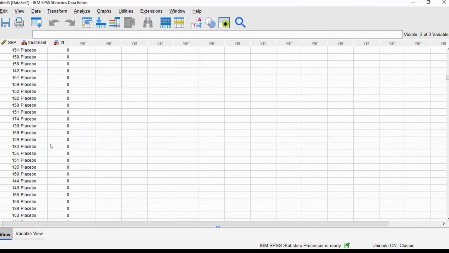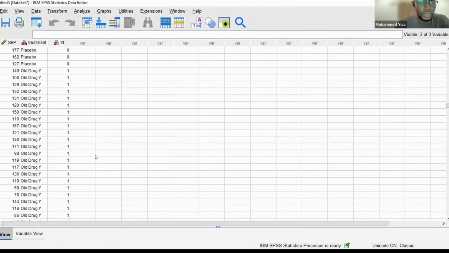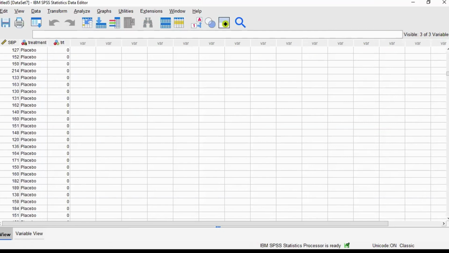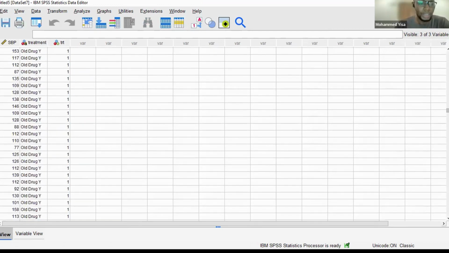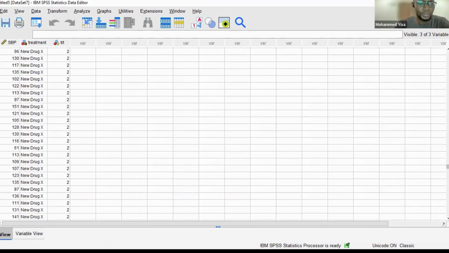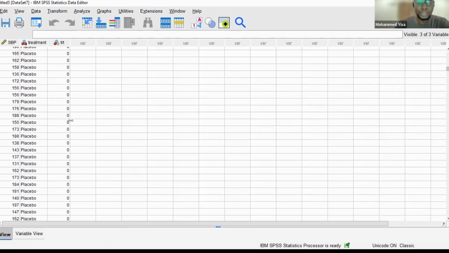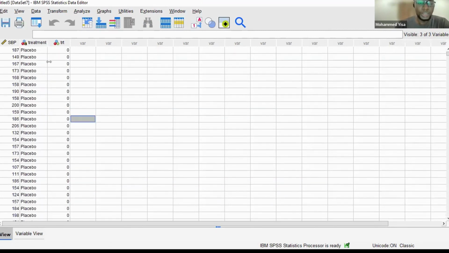All right. So you can see that some of them have received a placebo, some of them have received old drug Y, and some of them have received the new drug X. So we're going to be comparing these three groups of participants, those that received the placebo, those that received the old drug, and those that received the new drug.